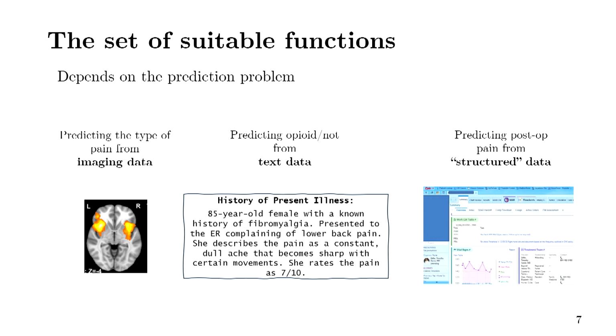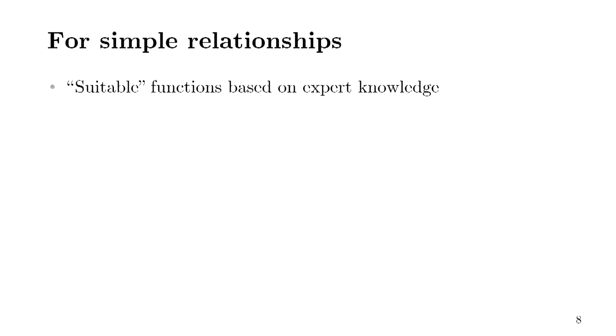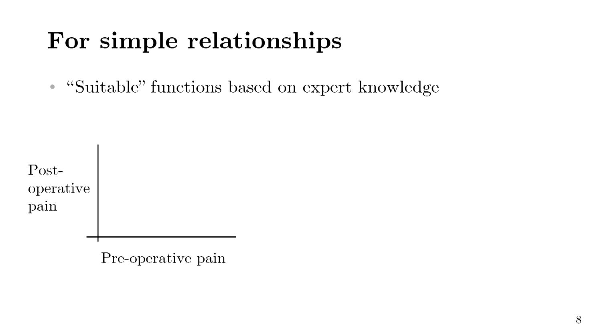Let's start with the simplest possible one. Let's say we're looking at structured data. For simple enough functions, for simple enough relationships, as an expert in the field, I might know enough to define a set of suitable functions. Let's say I am trying to predict postoperative pain based on preoperative pain, and an expert in the field of pain told me that the relationship is linear.